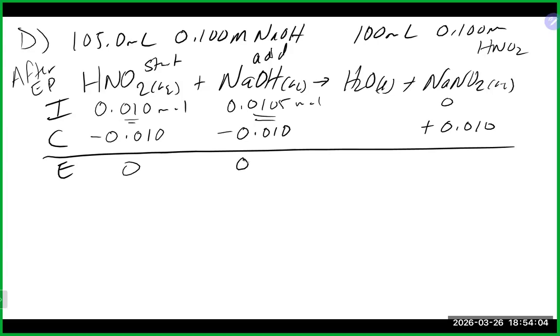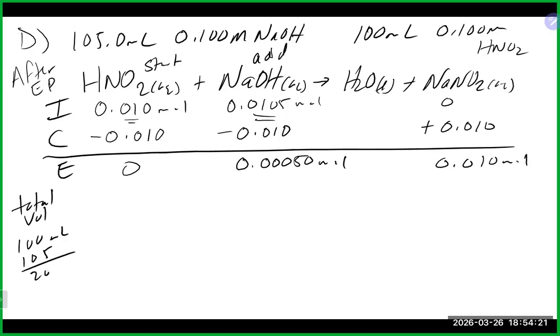And now we will have 0.0005 moles and 0.010 moles. Obviously, at this point, we're at a total volume of 100 milliliters plus 105, that's a 205 milliliter total volume. We're going to divide everybody here by 0.205 liters to convert them into molarity.